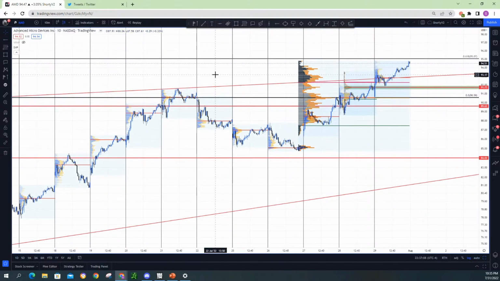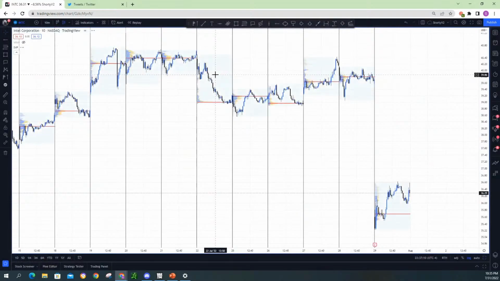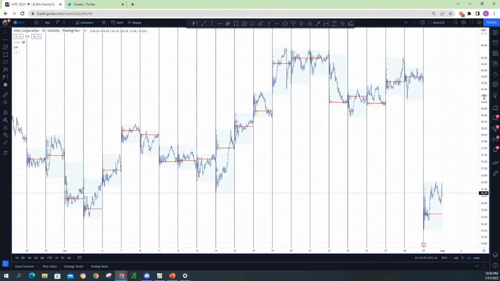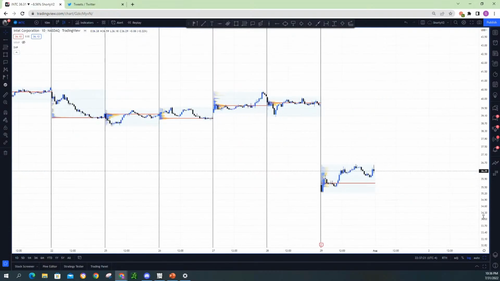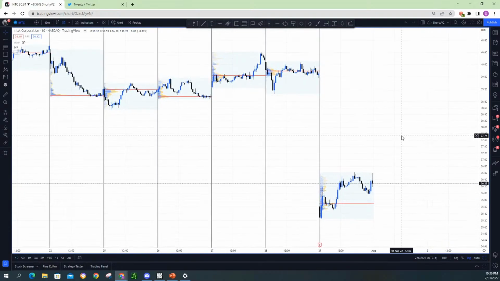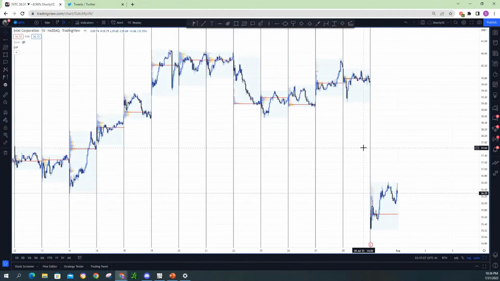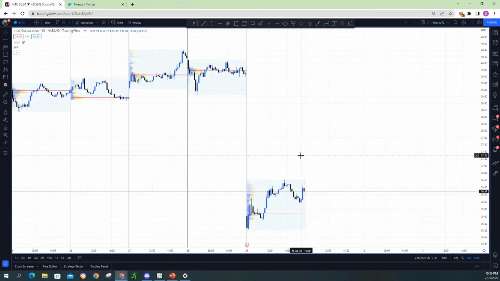How did Intel do on earnings? Does anyone know? Ooh. Missed by like 50%. Holy shit. Well, Intel is in a different landscape than AMD, right? And currently they are. They got a new CEO. They're trying to build American factories and whatnot.